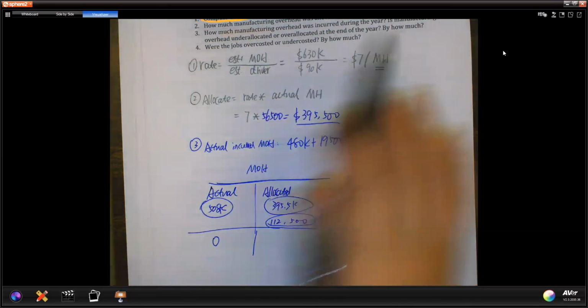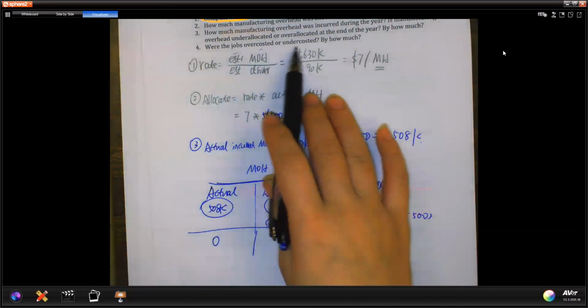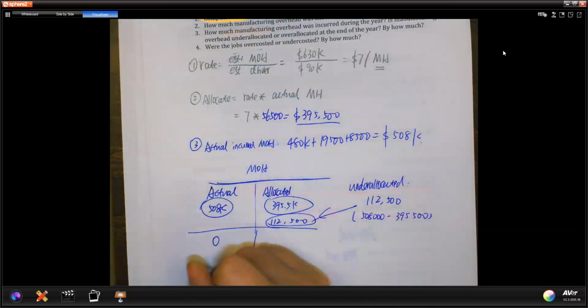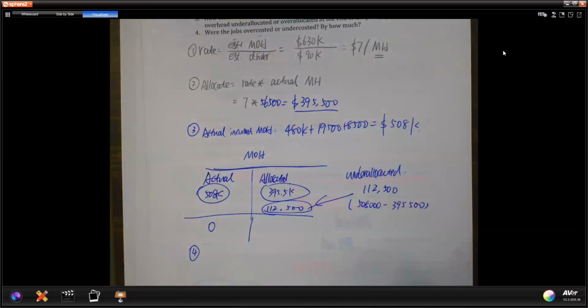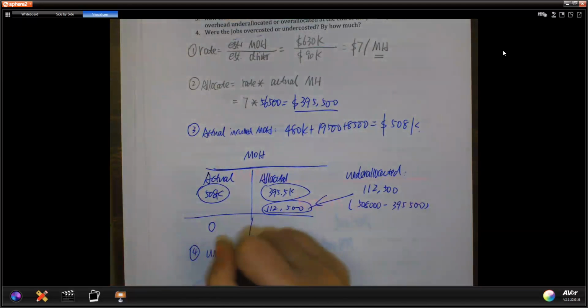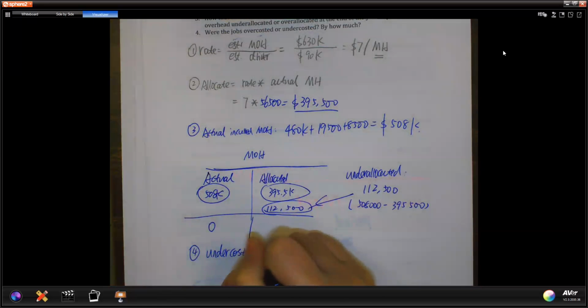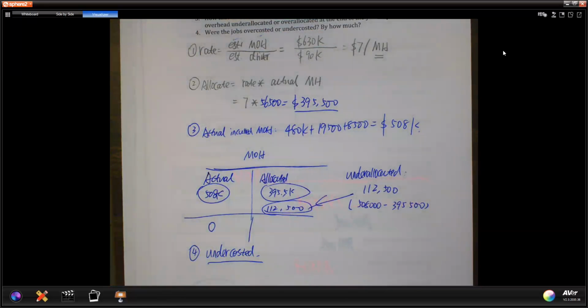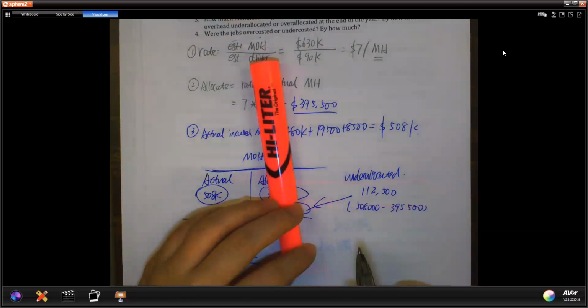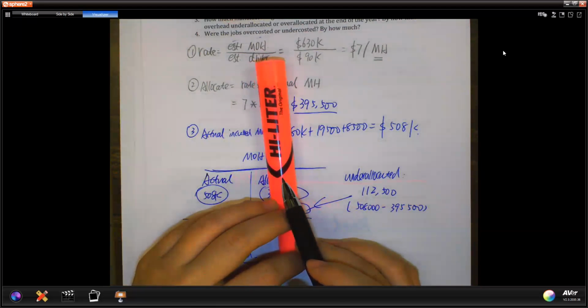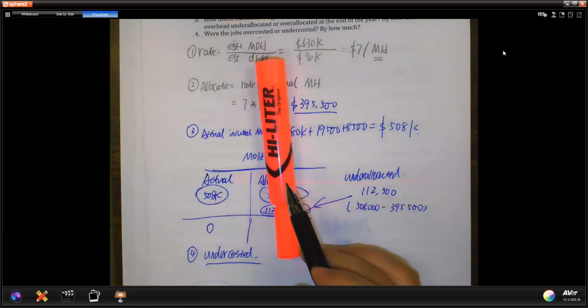Okay. Were the jobs over costed or under costed, and by how much? So you under allocated, so you under costed because you didn't put enough manufacturing overhead there. Basically you thought the manufacturing overhead related with this one is $5, but actual is $8.